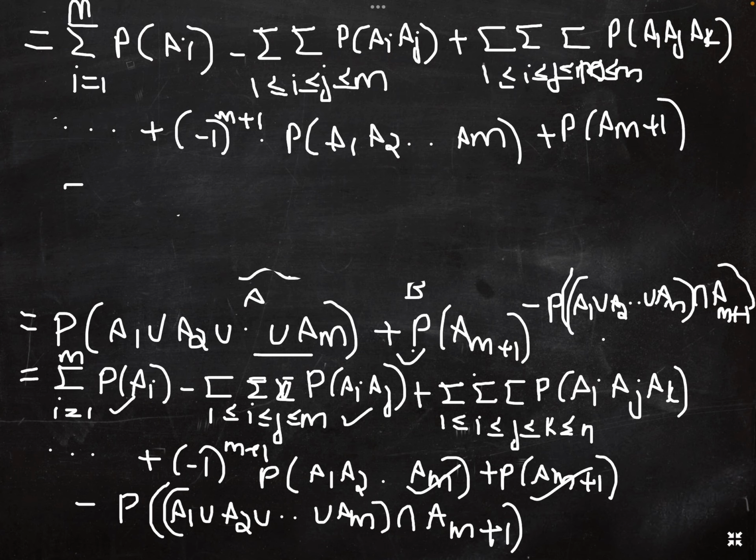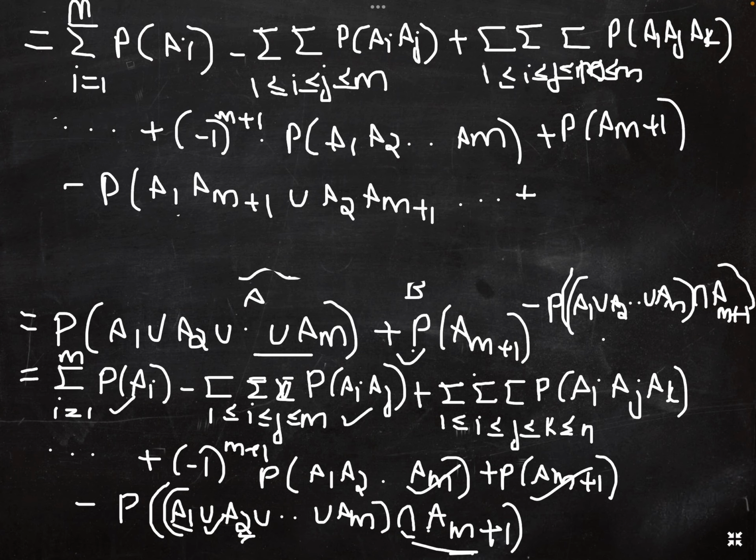You know that you write like this: P of A1 intersection A m plus 1, union A2 intersection A m plus 1, etc., plus A m intersection A m plus 1.